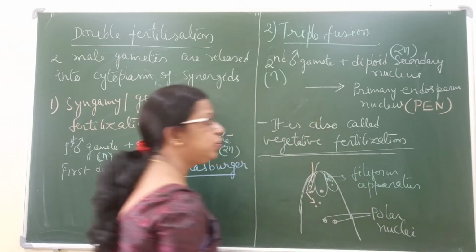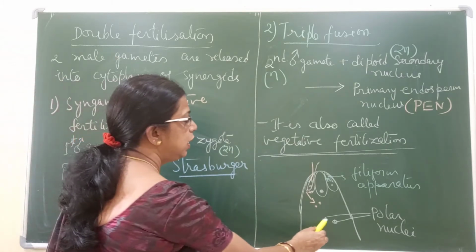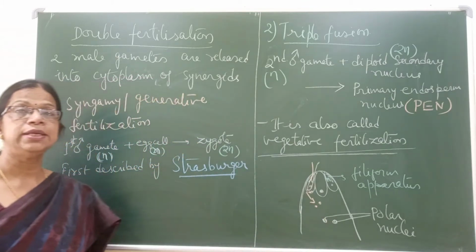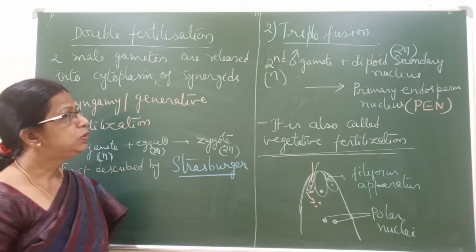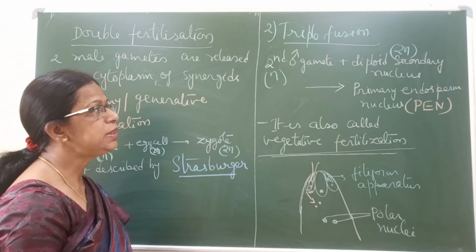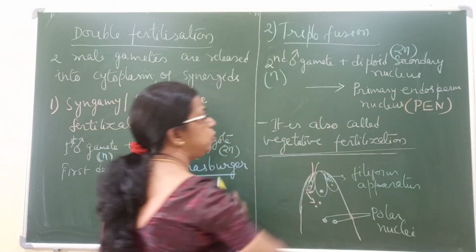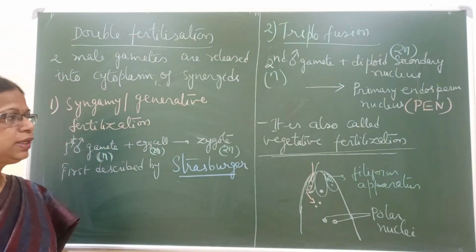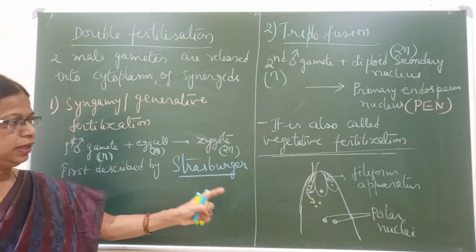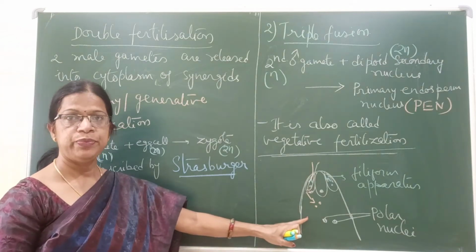Just before the entry of the pollen tube, these polar nuclei fuse and form a diploid secondary nucleus. Now when this diploid secondary nucleus fuses with the second male gamete, it forms a primary endosperm nucleus. This fusion takes place in the cytoplasm of the central cell.